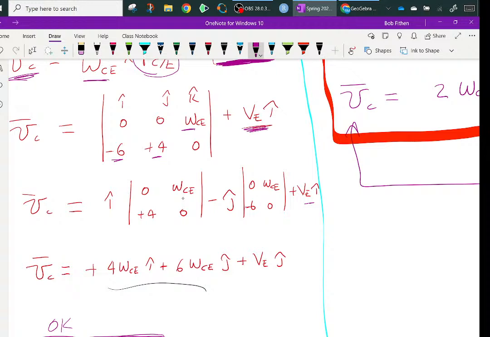So it should be, oh, wait a minute. That's supposed to be a minus. Okay, so I'm going to circle the things that, okay, plus. There's a minus, a minus, a minus.